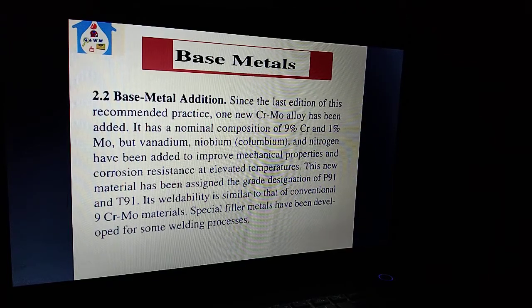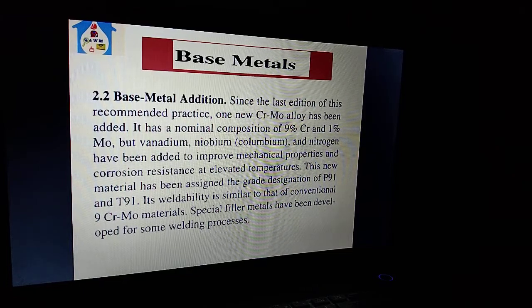Since the last edition of this recommended practice, one new chromium-moly alloy has been added. It has a nominal composition of 9% chrome and 1% moly, but vanadium, niobium, and nitrogen have been added to improve mechanical properties and corrosion resistance at elevated temperature.